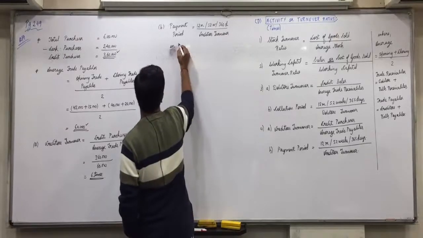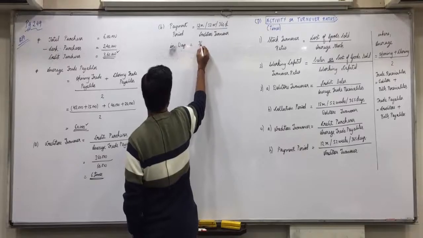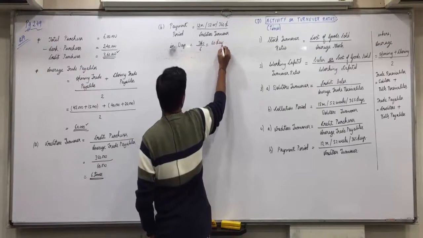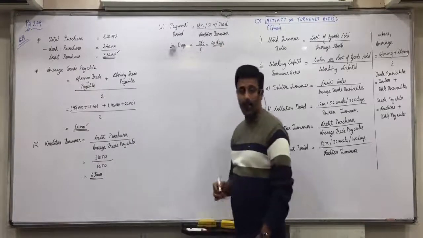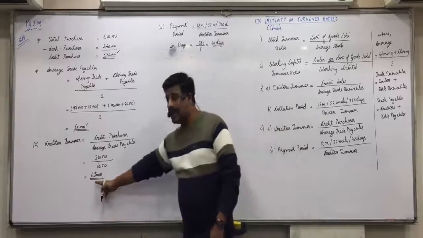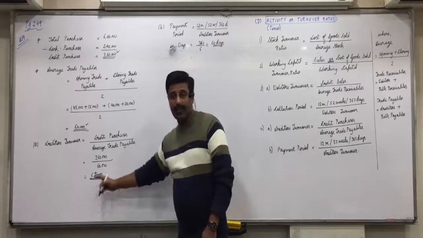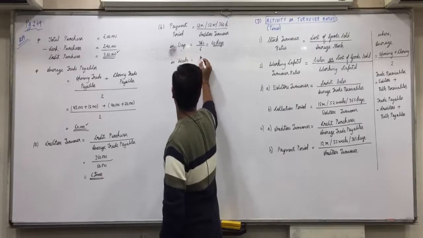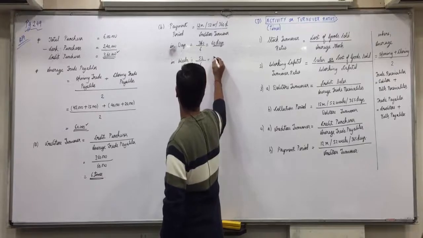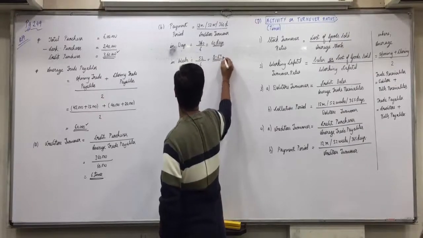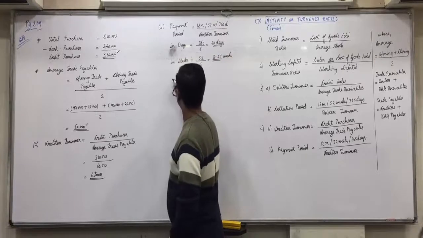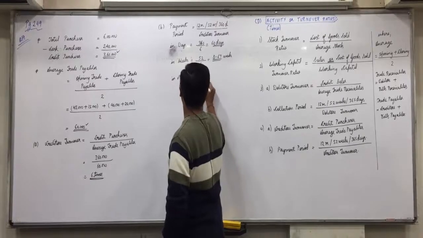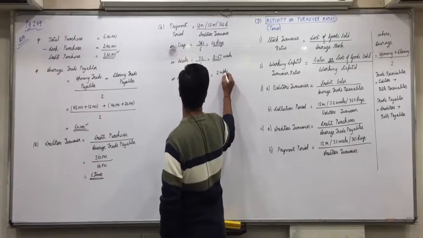So in days, how will we find it? 360 divided by 6, 60 days. Okay, 360 days divided by creditors turnover 6 times, so 60 days. In weeks, 52 weeks divided by 6, 8.67 weeks. And in months, 12 months divided by 6, 2 months.